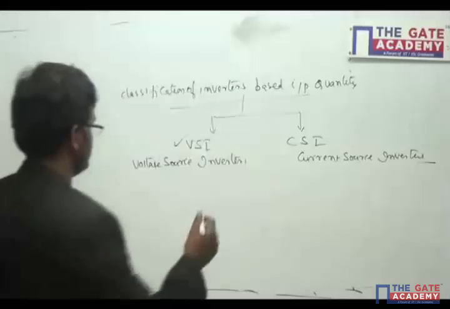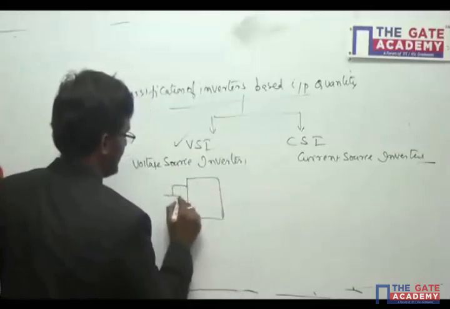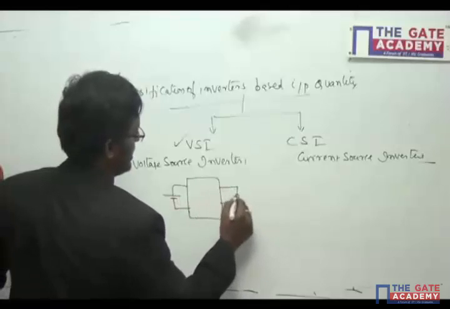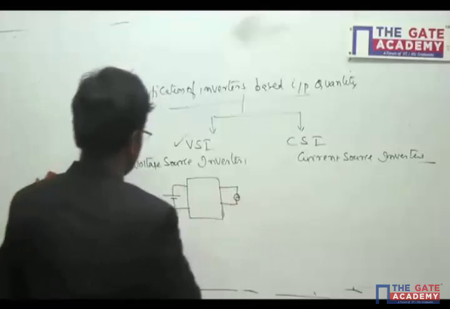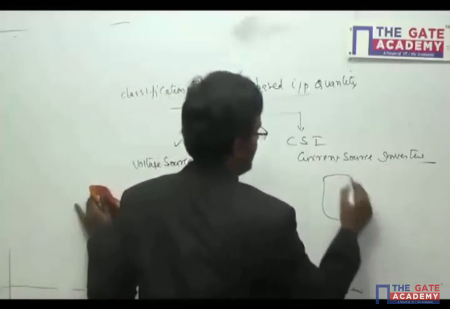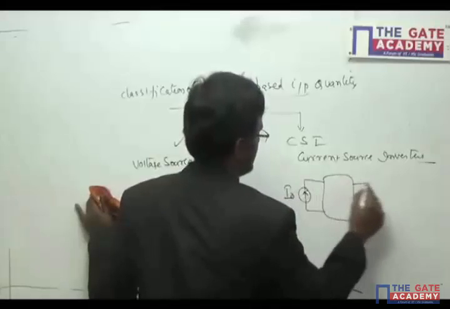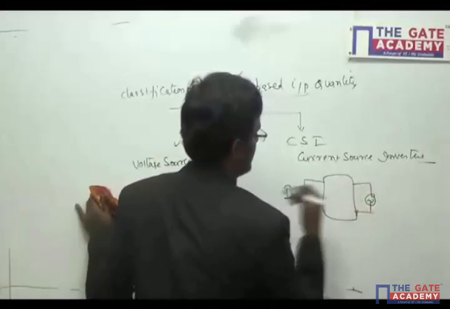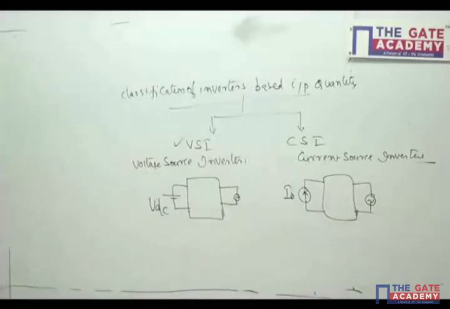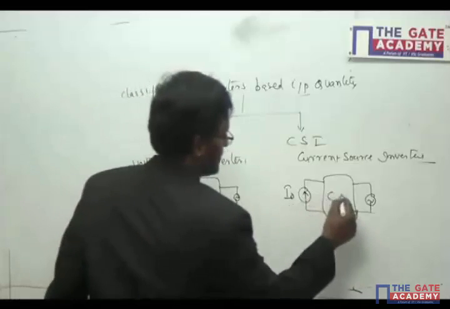So how do you define this? Where the input is voltage and the output is whatever it is. This is a VDC, and in current source you will have a constant current. There is the output. Okay, this is VSI, CSI.